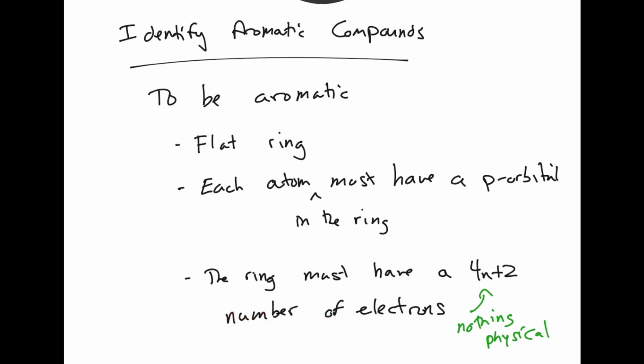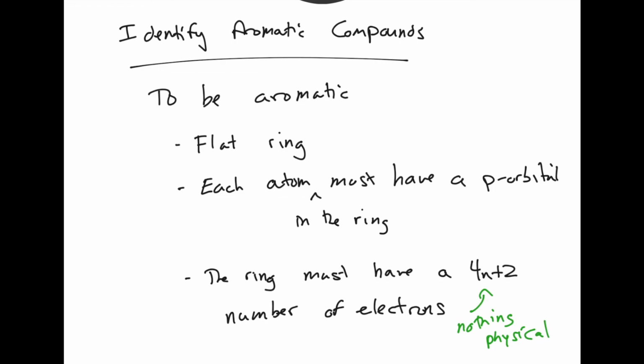Because I could make you memorize a bunch of numbers. I could say, to be aromatic, you have to have 2, 6, 10, 14, 18, 22, 26, 30 electrons, and so on and so forth. Or I could say, you have to have a 4n plus 2 number of electrons. If n is 0, this ends up being 2 electrons.